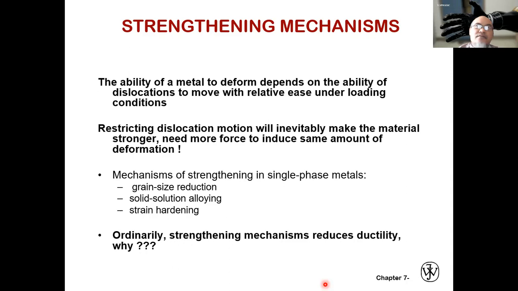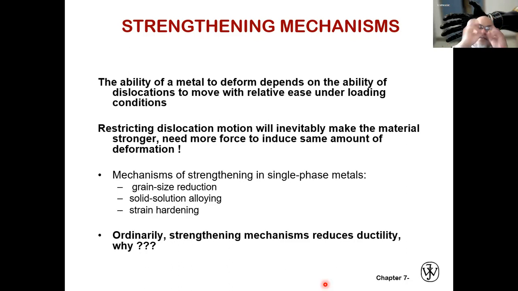As I mentioned, when the grain size is large, it means it contains more single crystalline state. Then the motion of dislocation can easily occur within that single crystal. So if the size of the grain is large, then the single crystal structure within that material can be easily deformed.